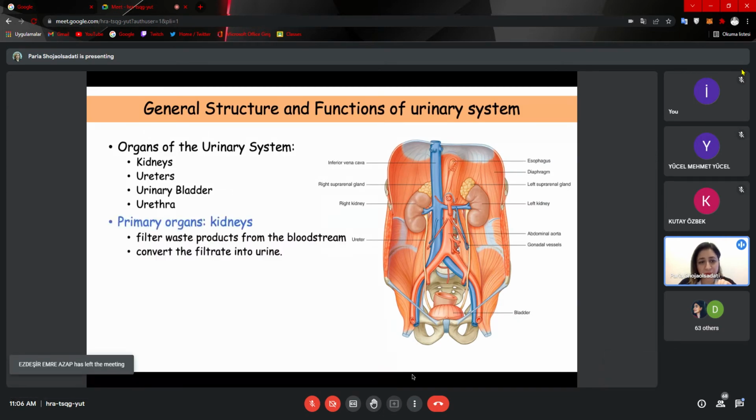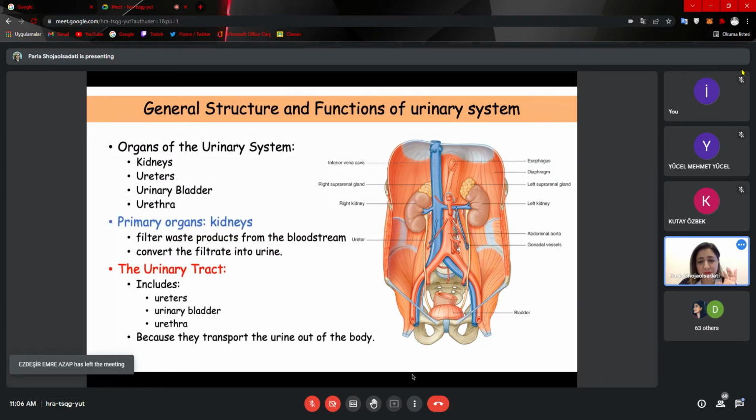If you remember, we talked about the different organs of the urinary system. It starts with the kidney, passing through the ureters and urinary bladder, and ending with the urethra. The kidney is famous as the primary organ of the system because the production of urine is done in this organ.